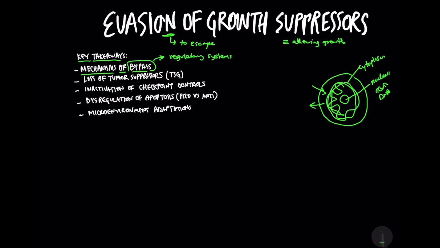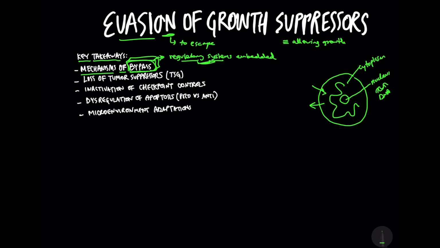So there are regulatory systems and signalings here that prevent excessive growth. Those are regulatory systems embedded in the cell, right? And if we have the evolution of these bypass mechanisms, then there is evasion of some of these regulatory systems.